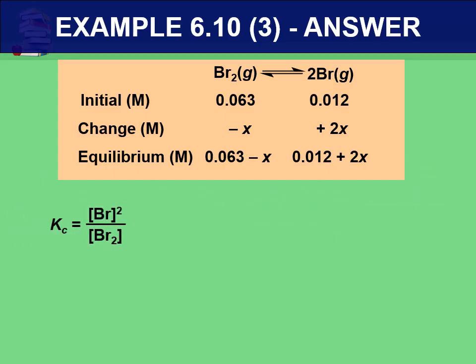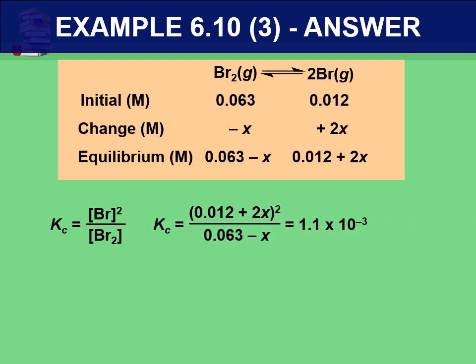How are we going to get the equilibrium concentration for each species? First, we need to find the Kc expression: concentration of Br to the power of 2 divided by concentration of Br2.